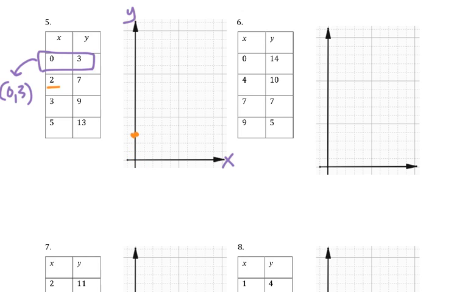Then 2, 7, I go over 2, and then I go up 1, 2, 3, 4, 5, 6, 7. So right about there. Then 3, 9, over 3 and up to 9, right about there, and then 5, 13. So over 1, 2, 3, 4, 5, up 9, 10, 11, 12, 13.